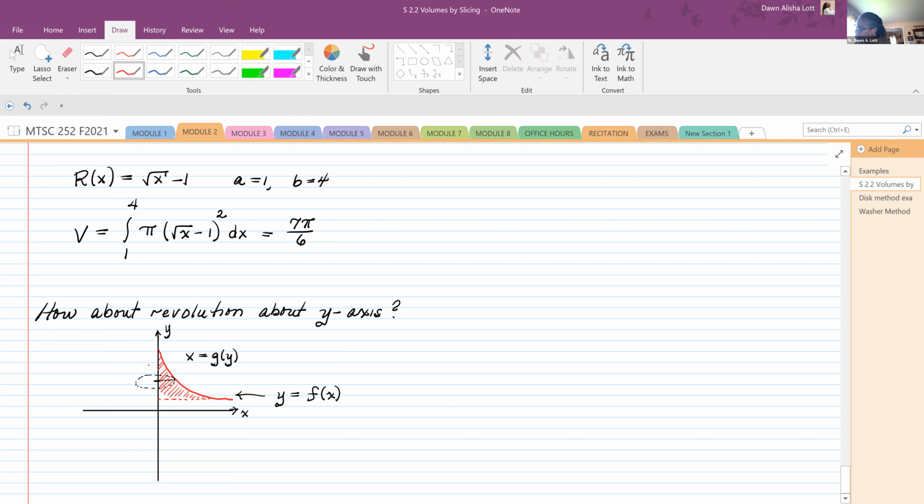Then I'm going to get this region. And so now I'm going to need this radius. But now the radius is a function of y.